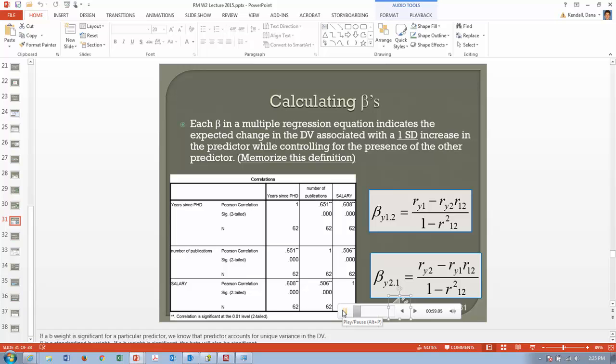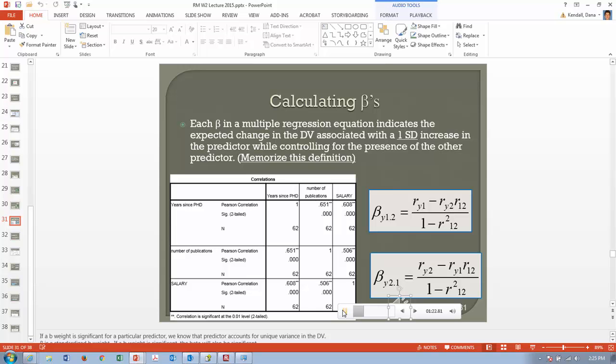So we have salary as our DV, we have number of pubs, and we have year since PhD. So go ahead and open the data set and run these correlations, and hopefully they'll turn out just like the ones here on this slide. And we're going to designate year since PhD as predictor 1 and the other one as predictor 2.